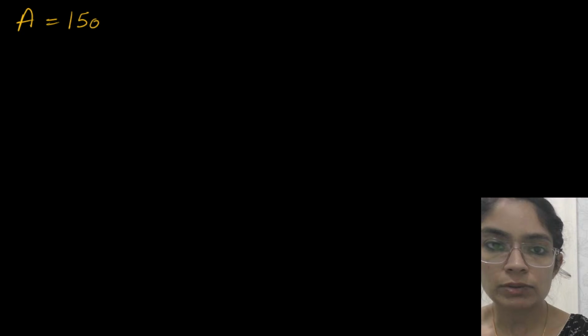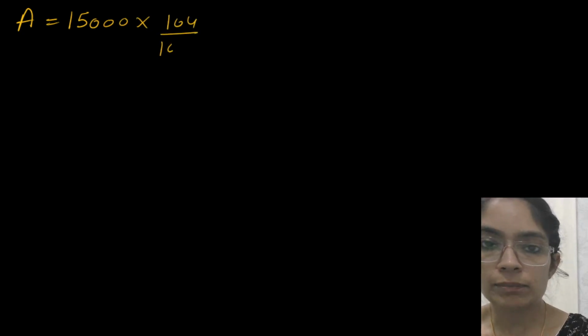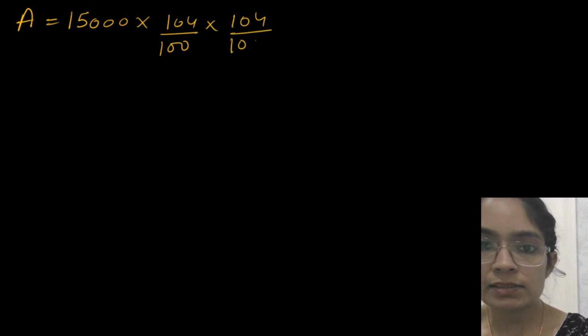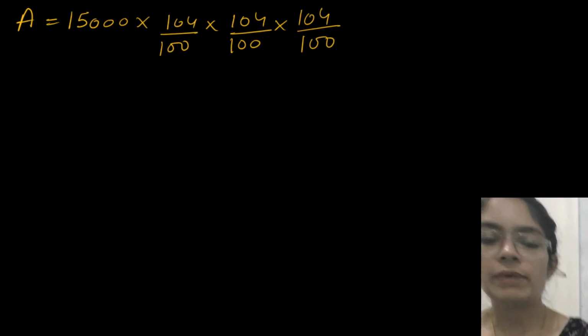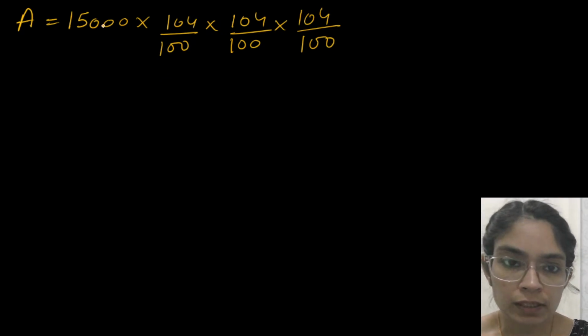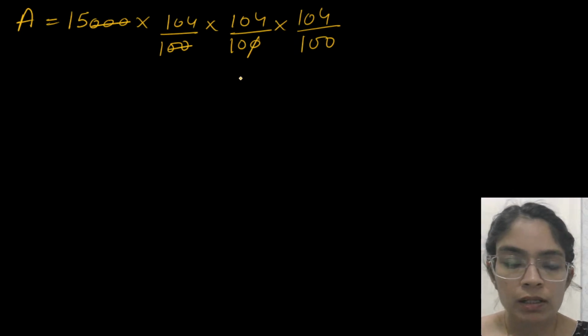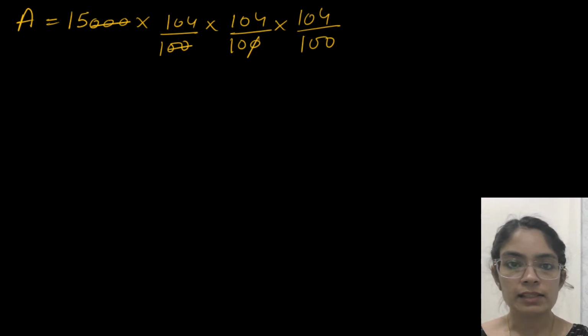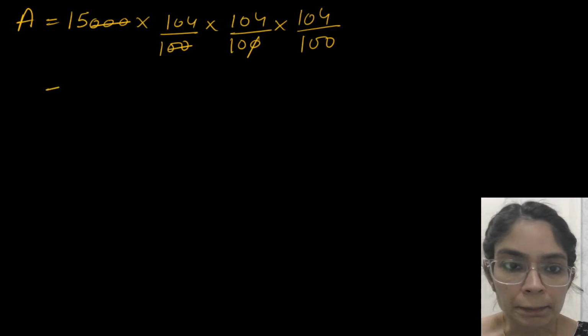Amount is equal to 15,000 into 104 by 100, power 3. Power 3 means the same expression we have to multiply 3 times. Now if any cancellation is possible, do it. So 3 zeros will cancel first of all. After this, don't try to complicate things.